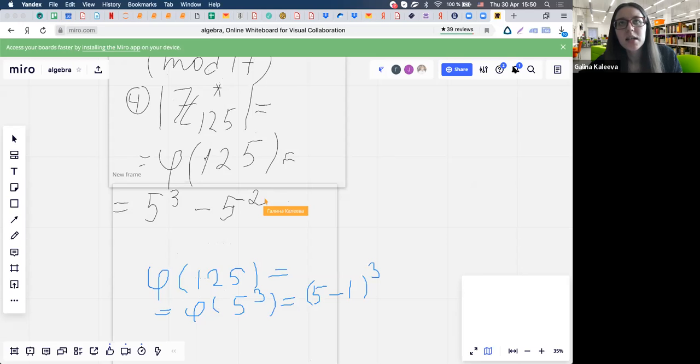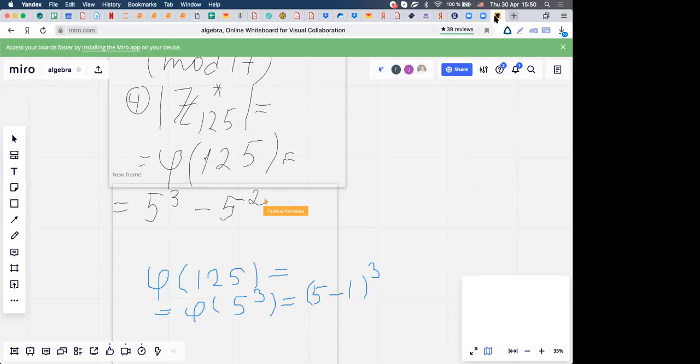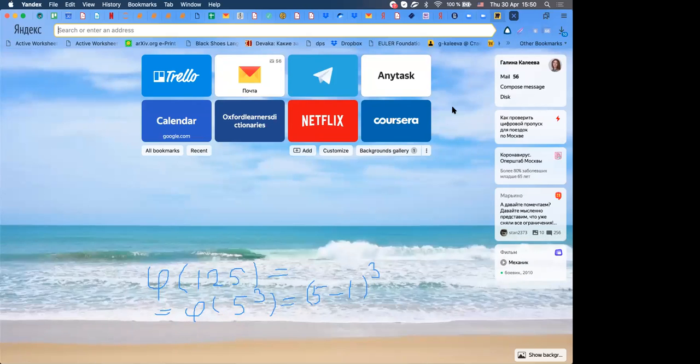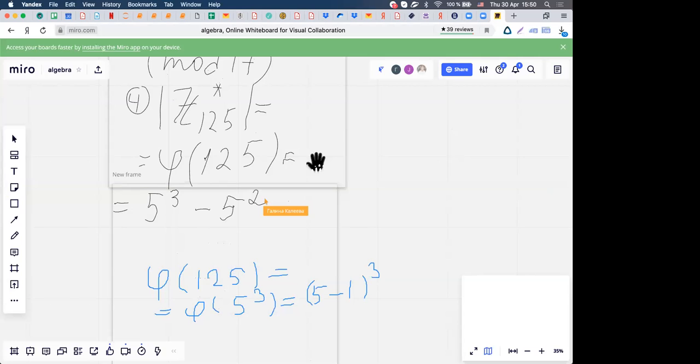Okay, let's check for some simple cases. For example, remember something like 4 cubed, or it's 5 minus 5 squared. Oh, wait. You were right. It's 5 cubed minus 5 squared. Yeah, I was wrong.